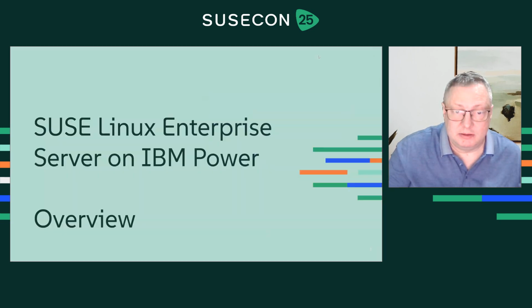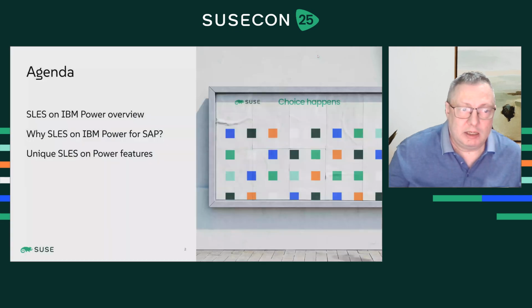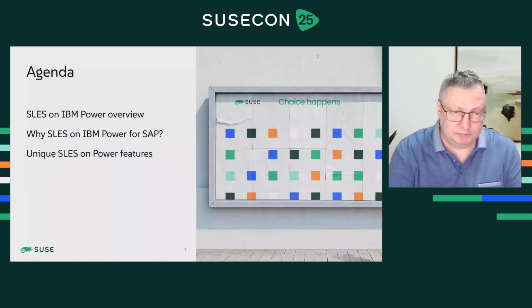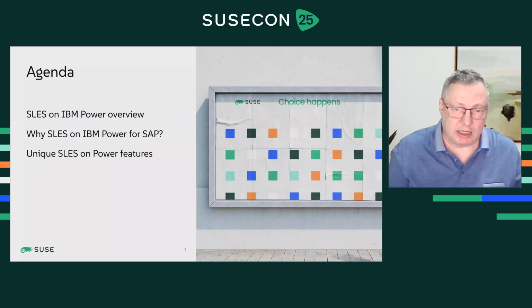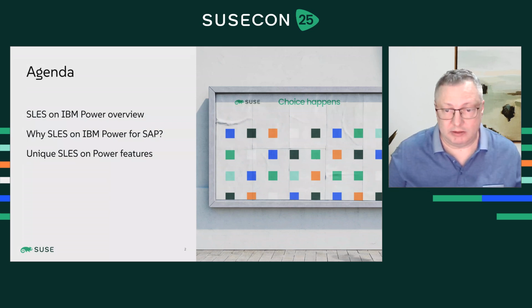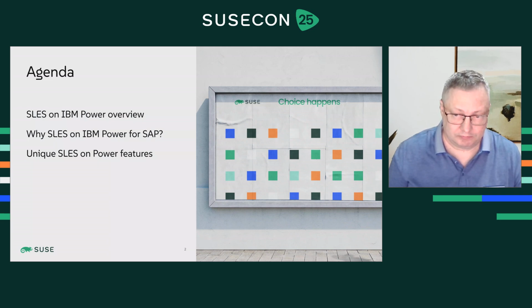And looking at the agenda here, first, I'm going to give you an overview of how IBM and SUSE partner for SUSE Linux Enterprise Server and other SUSE products like the SUSE Multi-Linux Manager.